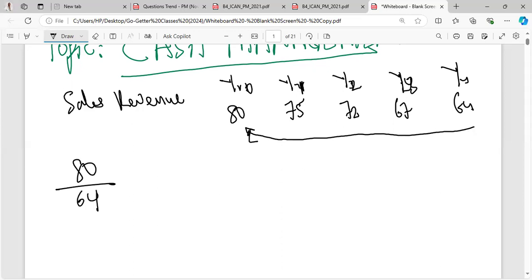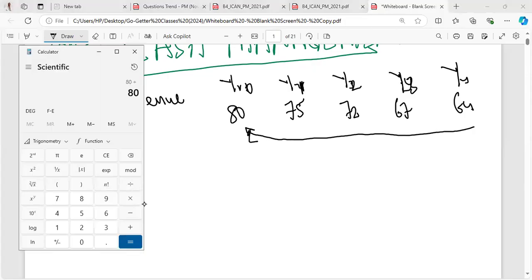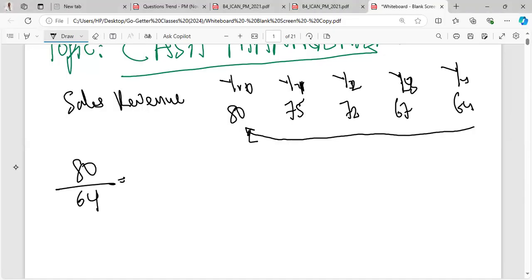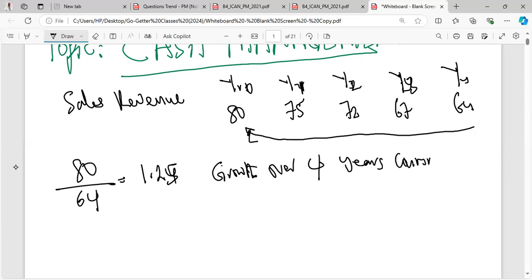We divide it by 64, which is what we did. 80 divided by 64 gives us 1.25. So you say growth over 4 years, cumulative, is 1.25, or we can say 125%.